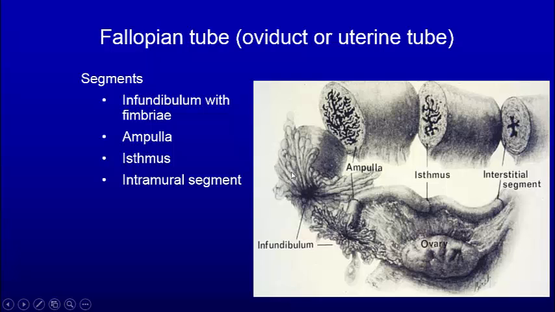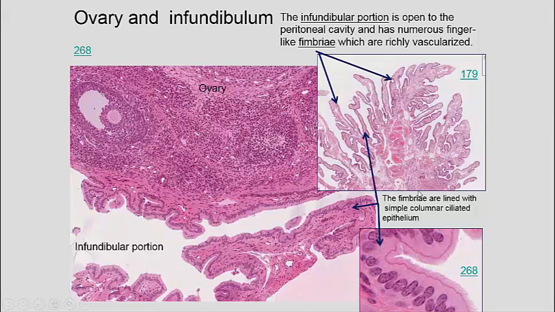Here we can see the fimbria of the infundibulum region. Those are ciliated cells, so they make a little current to sweep the egg inside.